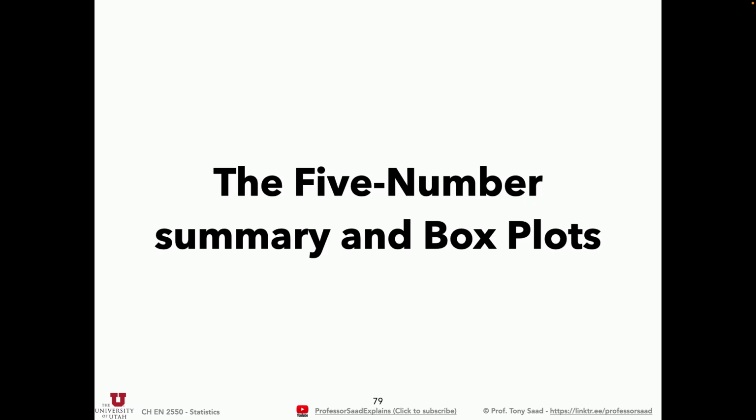Last piece of descriptive statistics. I couldn't cover this when we were doing graphical description of data, because I needed to do some numerical description and specifically get to the quantiles.